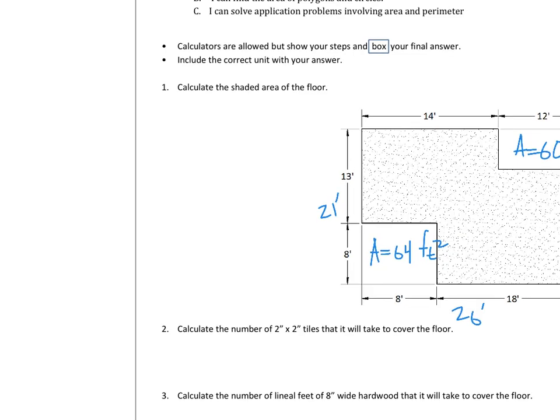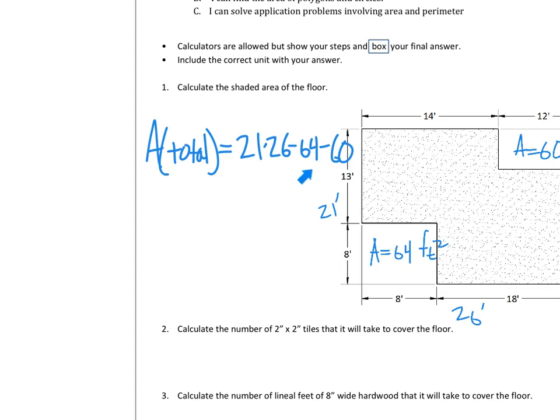So we have the area total. As we're doing these problems, there's usually lots of pieces, so label what you're doing, like I just did, area total. So we've got the outside area, 21 times 26. And then we'll subtract off 64, and we'll subtract off 60 from that.